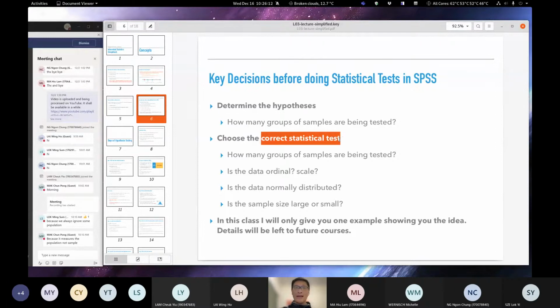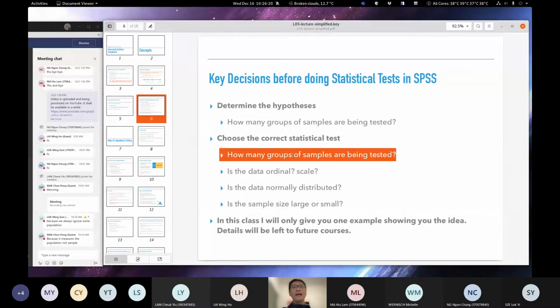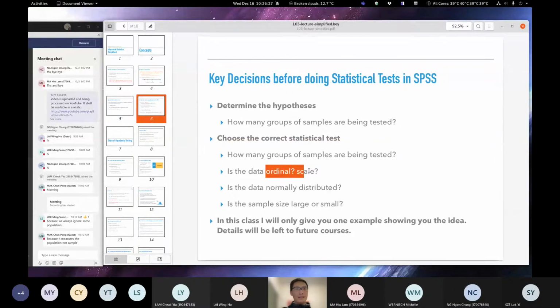And for most students, I would say that this is the most difficult step. So there are a number of considerations here. Again, how many groups of samples are being tested? This is very important. And then we also need to consider the level of measurement. Is it ordinal, is it scale, or is it just nominal data? Okay, we need to think about that.